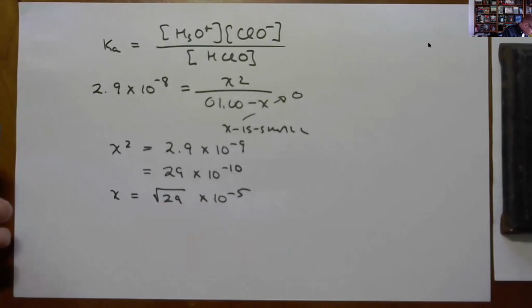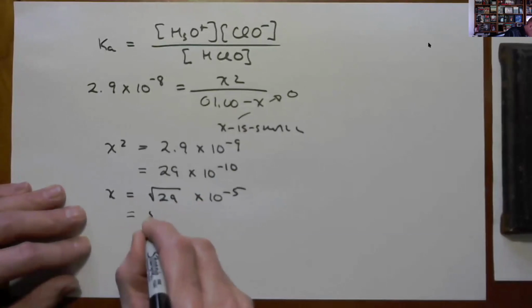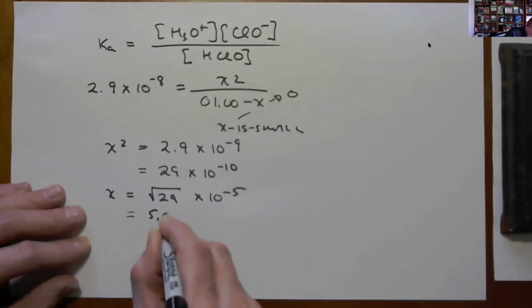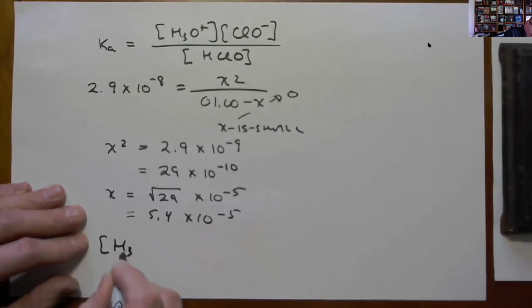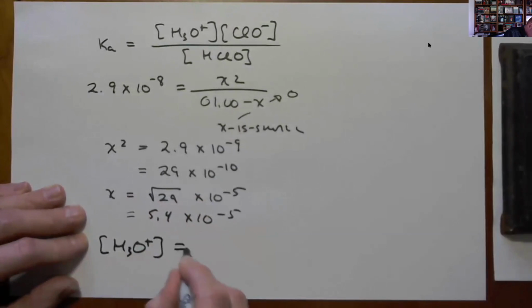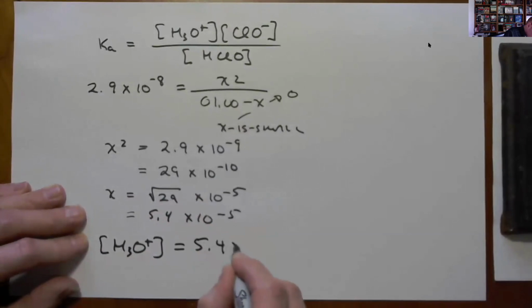Where's the square root function on this? Darn it. I hate this calculator. Second square root 29. Yeah, 5.3. It's 5.4 times 10 to the minus 5. In other words, the hydronium concentration generated from that would be 5.4 times 10 to the minus 5.